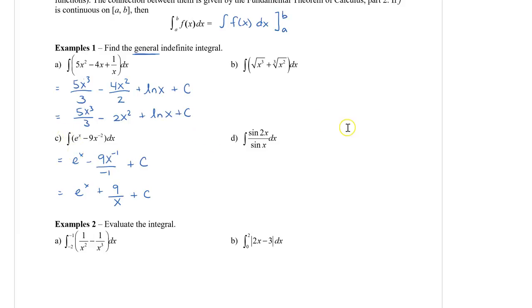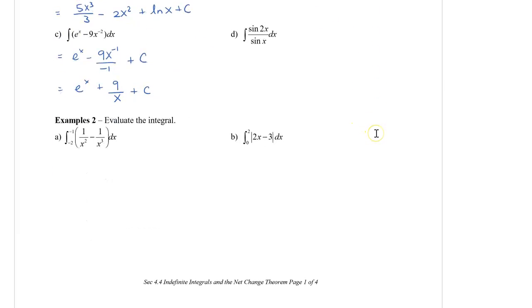All right, so let's contrast that with this example here, where we're going to evaluate the integral. So before I do that, I would like to make both of these exponents negative, so that I'm not going to be working with fractions. So I'm going to add 1 to my exponents.